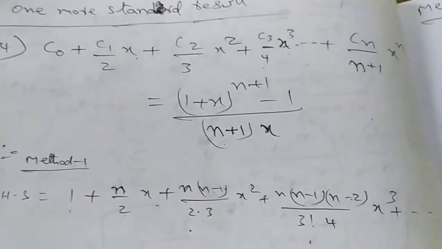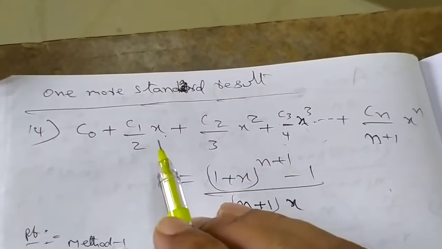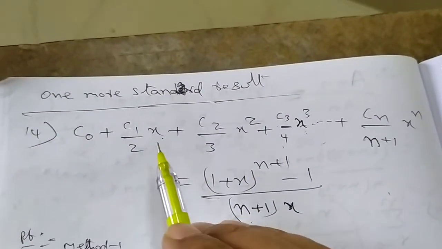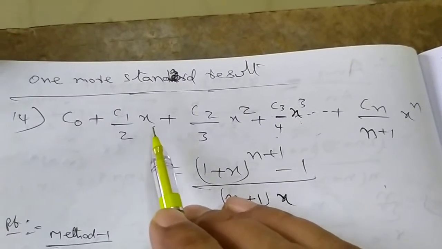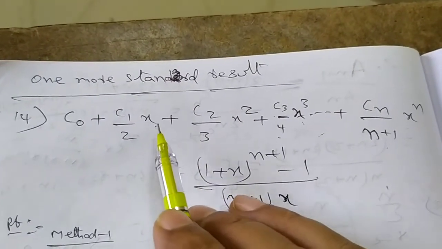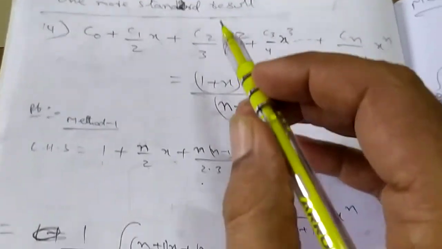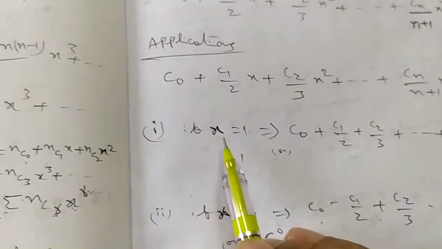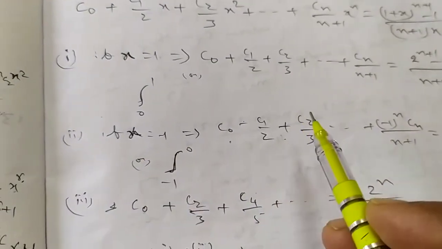Okay. See the problems related to, not problems, first applications. Applications means by keeping x equal to 1, 2, 3, 4, minus 1, minus 2, minus 3, we get different results. Put x equal to 1, get one result. Put x equal to minus 1, get another result.